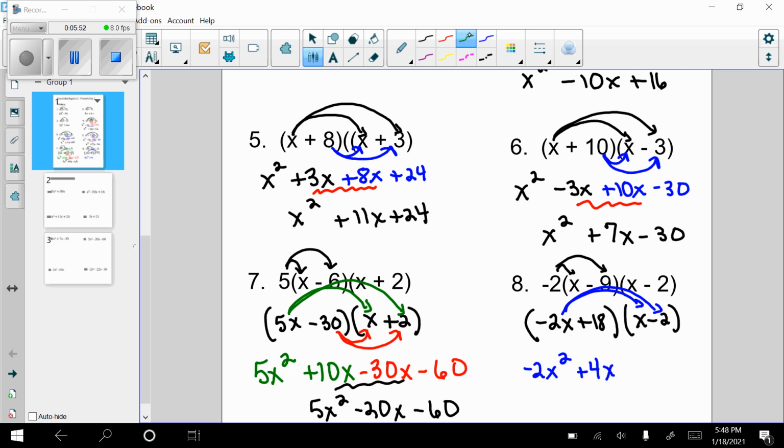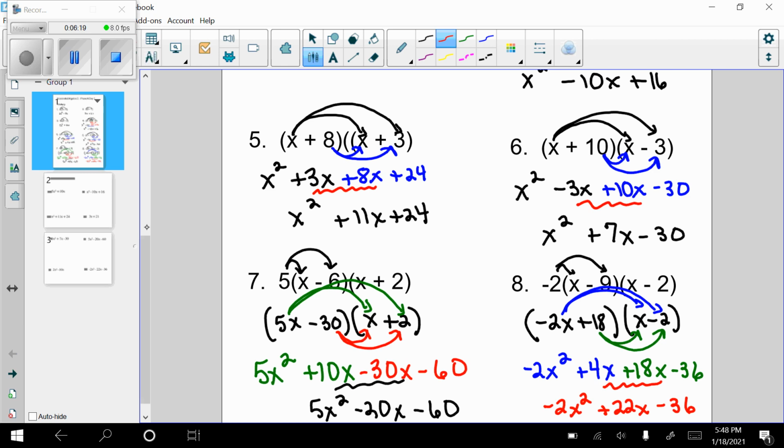If I go to my inside, I have 18 times x, which is plus 18x. And then 18 times negative 2, which is negative 36. My two middle terms go together again. So I get negative 2x squared plus 22x minus 36.